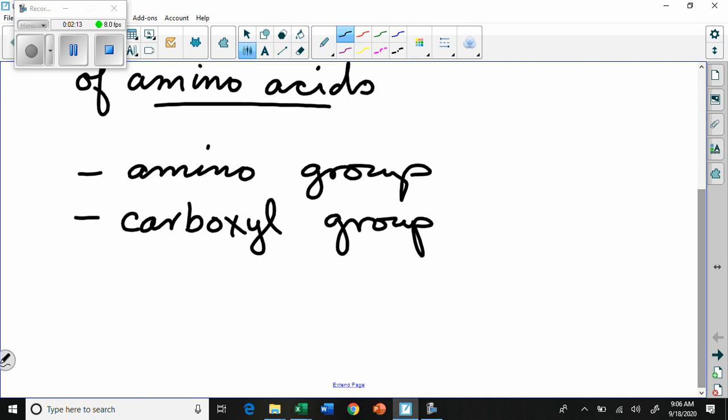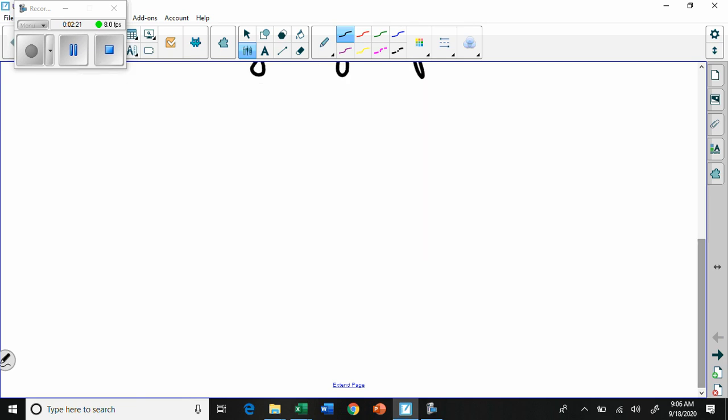And so the simplest formula for an amino acid is the following. Let's go down. We'll use an R to represent a bunch of stuff stuck to the top. And then that R is attached to a carbon atom here, which has, now remember, this is in 3D, this is the tetrahedral shape.